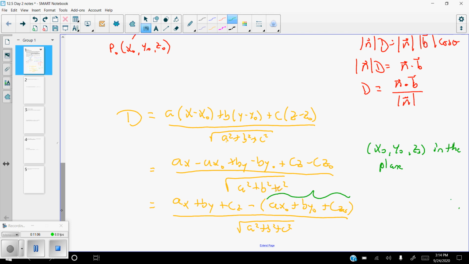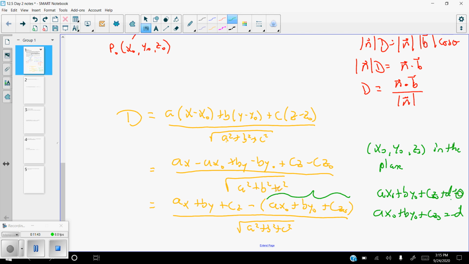So what I can write then is that a times x naught plus b times y naught plus c times z naught plus d equals 0. That has to be true since it's in the plane. Or I can rewrite that as ax naught plus by naught plus cz naught equals negative d.